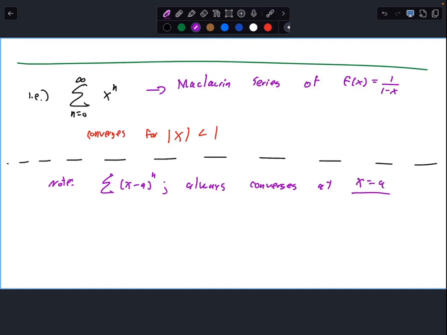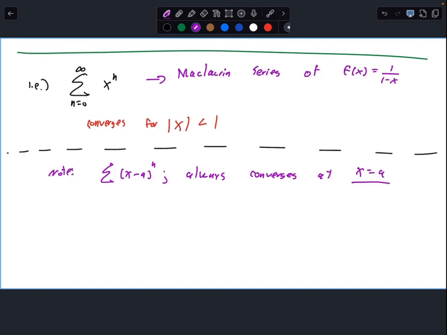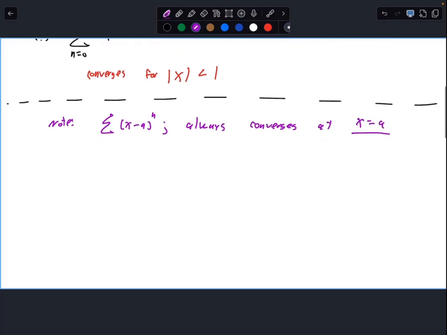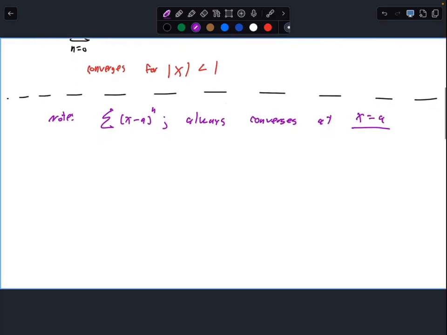That's kind of like saying, what is the summation when the radius is equal to 0, and you would just get a sum. It is just going to be 0 plus 0 plus 0 plus 0, and so forth. So it does, in fact, converge at that value, always. That's just something to know.